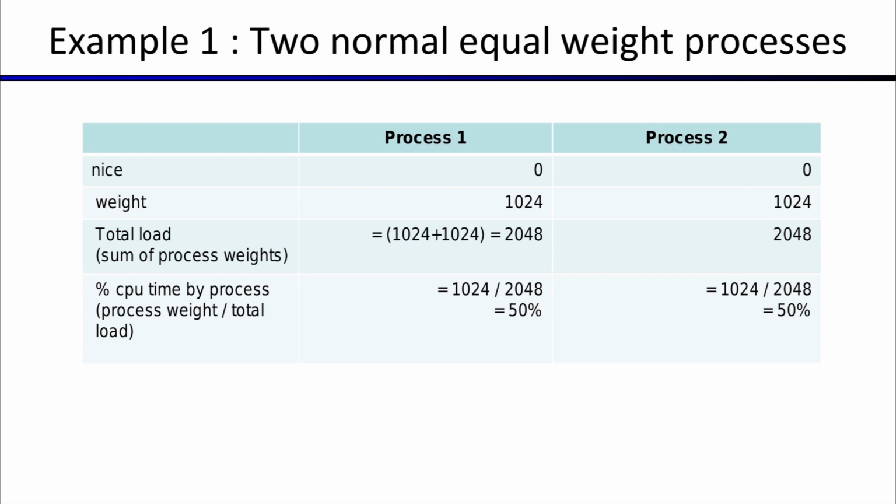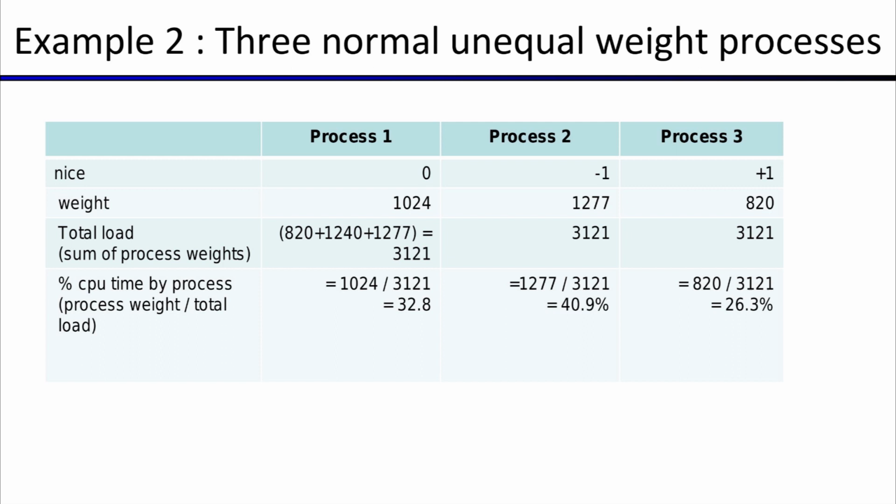They both get a weight of 1024. Now the total load on the system, assuming again that these are all on the same CPU, would be 1024 plus 1024, which is 2048. Each one of these will have 1024 out of the 2048, so the percentage CPU time that each one will get will be 50% each. So this is where equal weight gives you equal CPU time.